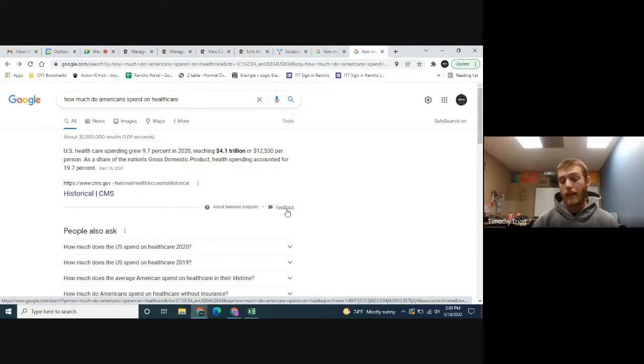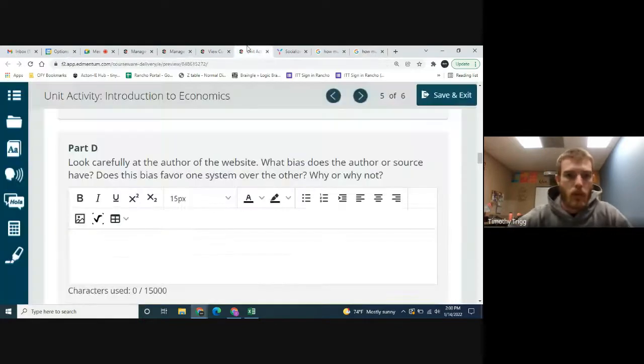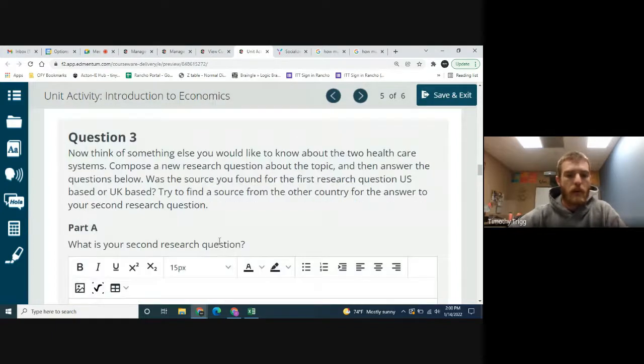So it's unlikely to have a strong bias towards one way or the other because these are government-run websites. So you can say something like that here. Okay, let's move on.